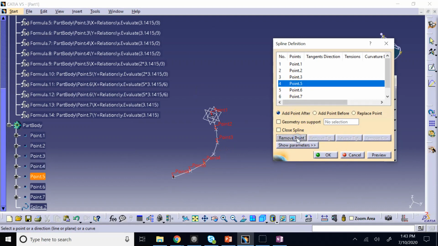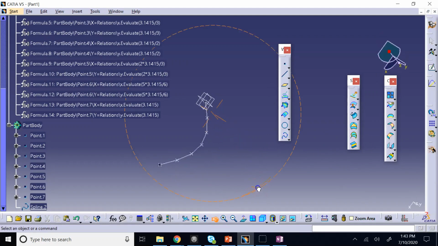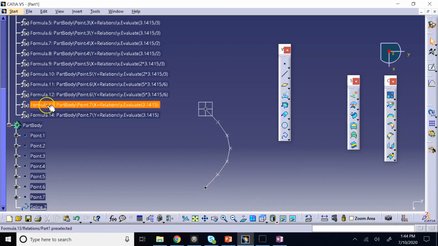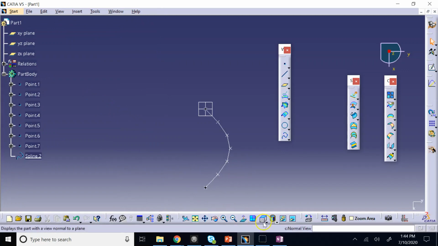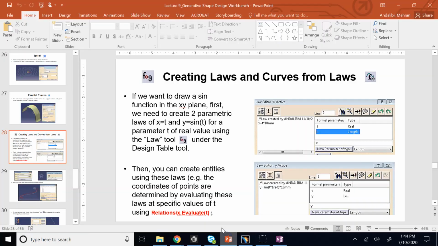So if I remove this point, yeah, seems like it was selected twice or so. But now you see a rough sine function. The more points I evaluate, the better I would get, right? And then I can connect them and make my sine function. So, fine. Now, this is about creating laws, evaluating them for basically parametric curves.